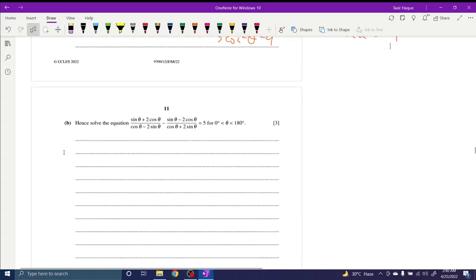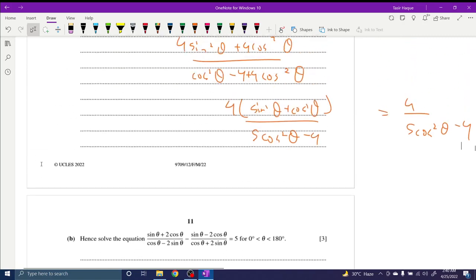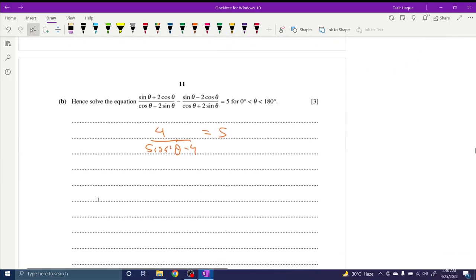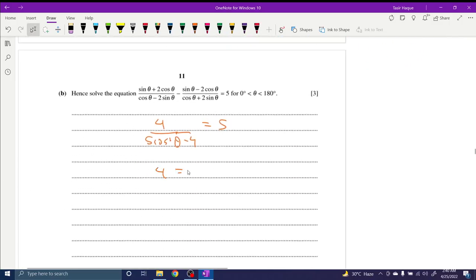What about now? Hence solve this equation equals to 5. Okay, so it's a hence question. We're just going to substitute this. 4 divided by 5 cos square theta minus 4 is equal to 5. 4 is equal to 25 cos square theta minus 20, or 25 cos square theta is equal to 24.